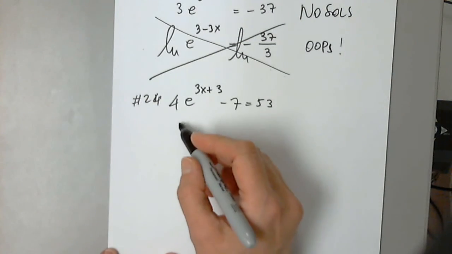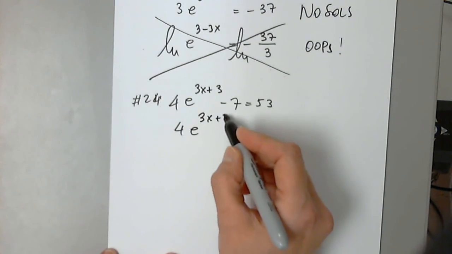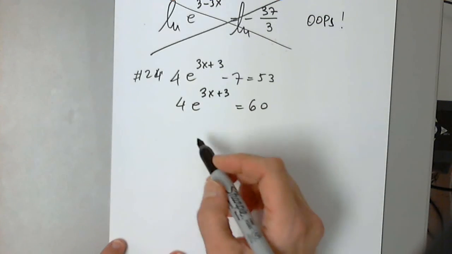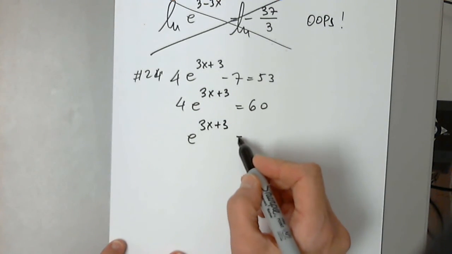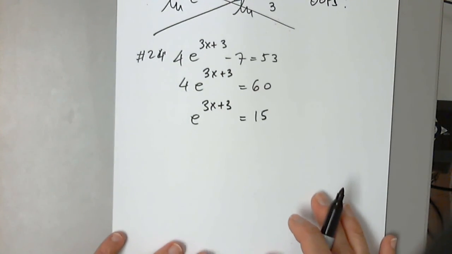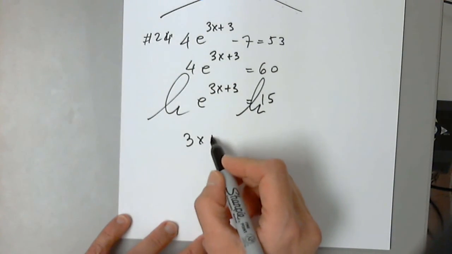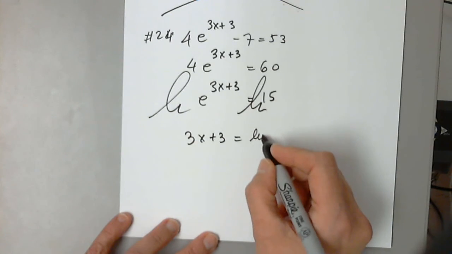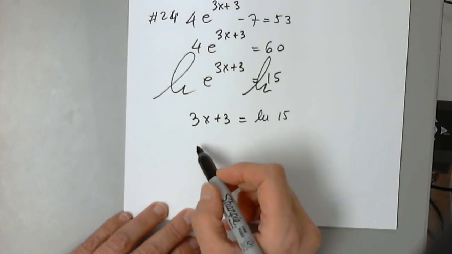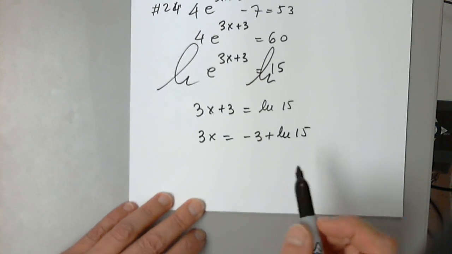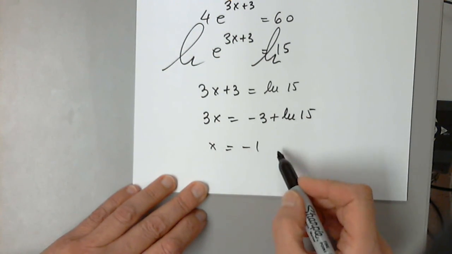So 4e to the 3x plus 3 equals 60. And then e to the 3x plus 3 equals 15. And 3x plus 3 on the left equals natural log 15 on the right. And 3x equals negative 3 plus natural log 15, and divide by 3.